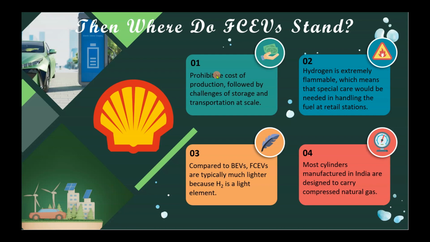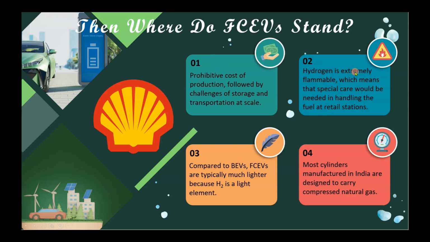For green hydrogen, we have to use energy from renewable sources such as solar power and wind power to perform electrolysis and divide the water into hydrogen and oxygen, and only then can we use hydrogen in fuel cell electric vehicles.